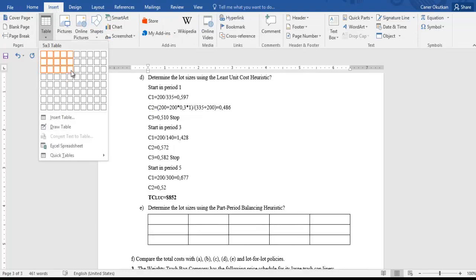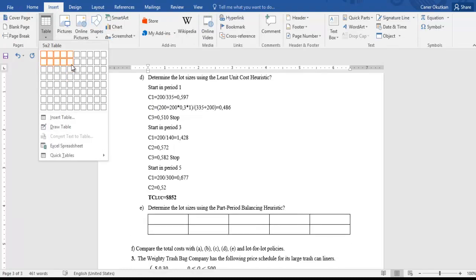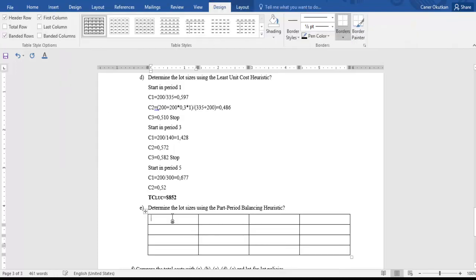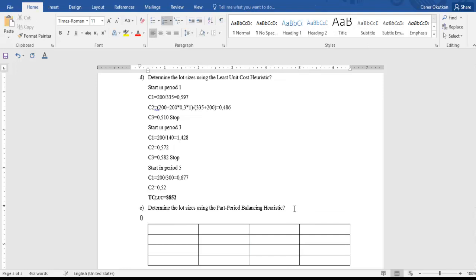But a table to understand easily. 1 2 3 4. Okay, right here start in period 1.